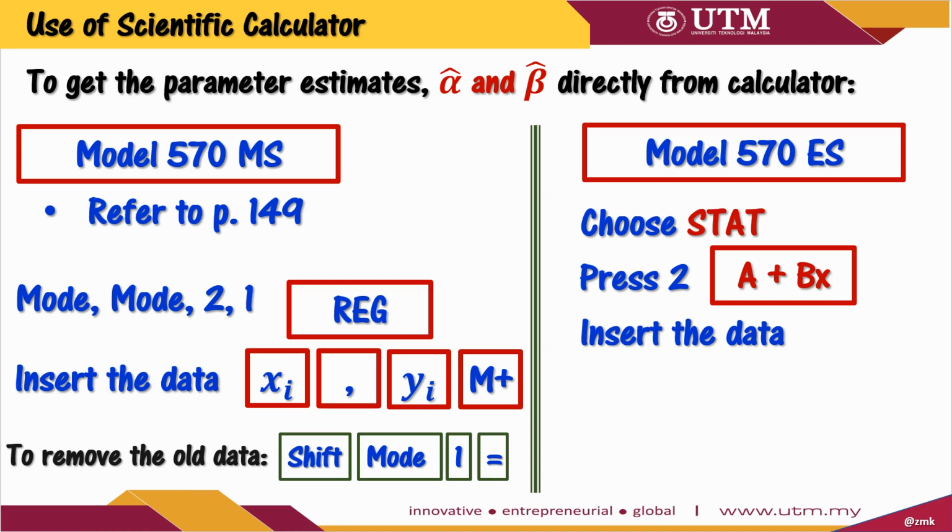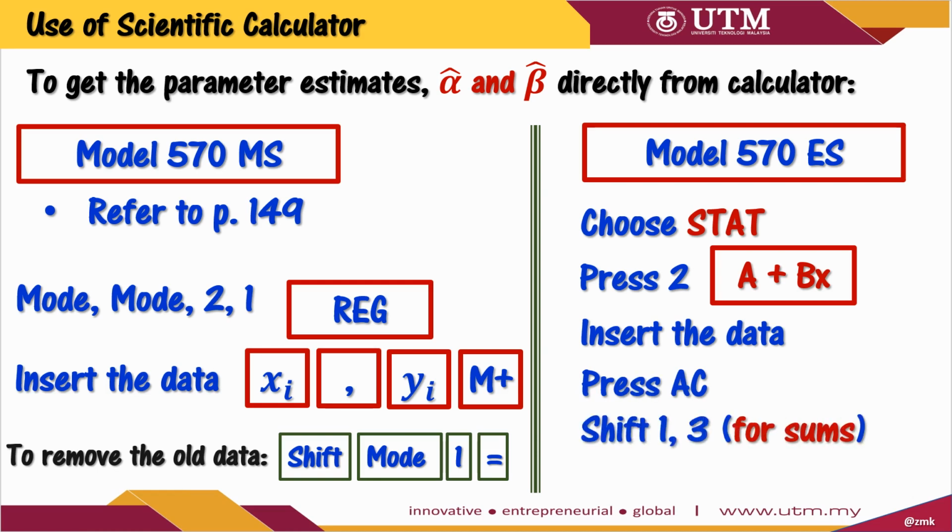Next, for 570ES model again, after inserting the data, you can press the AC button and next Shift 1 followed by 3 to get the values of the sums and Shift 1 followed by 5 to get the estimated values directly.